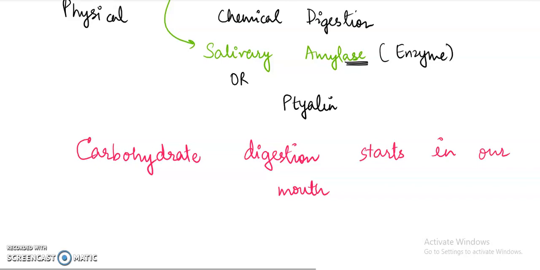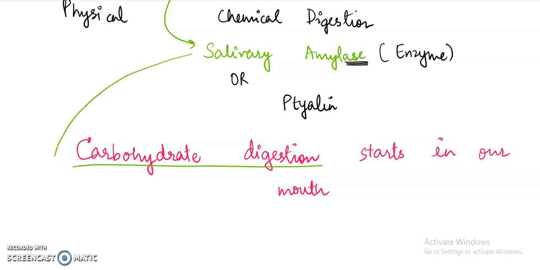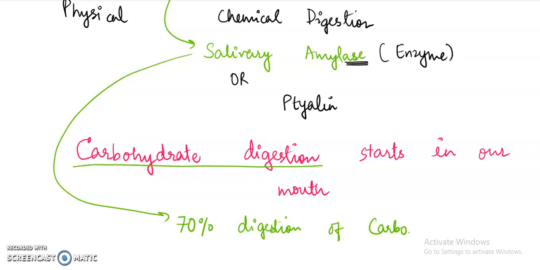Why? Because carbohydrate digestion has already started in your mouth. Why has it started? Because of the salivary amylase. So salivary amylase does 70% digestion of carbohydrates in your mouth. Rest, the digestion of fats and proteins never ever starts in the mouth.